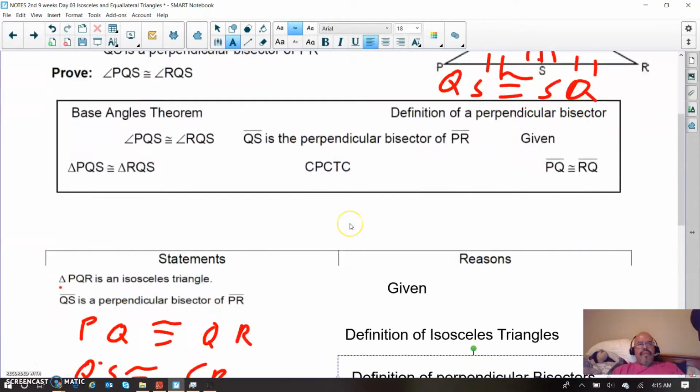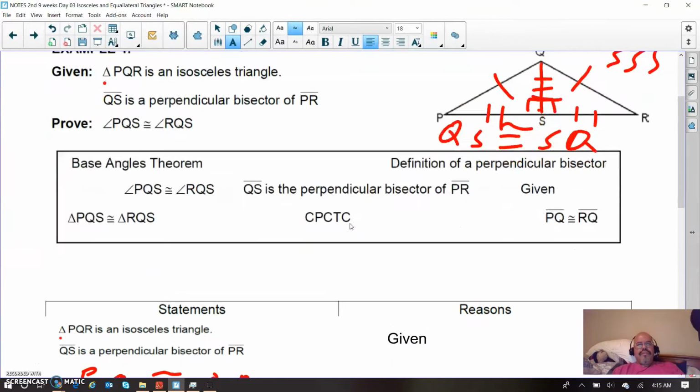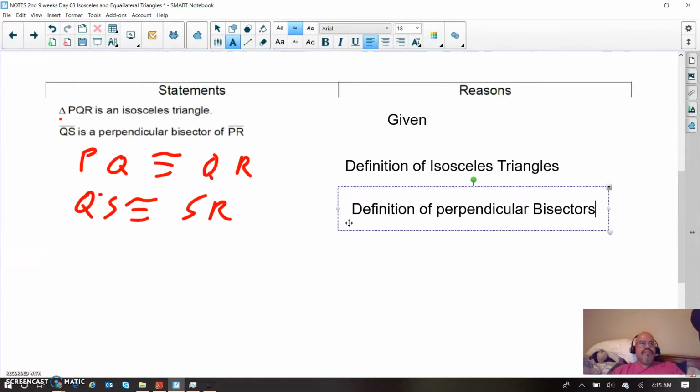Finally, we have QS is congruent to SQ. That's the reflexive property of equality.